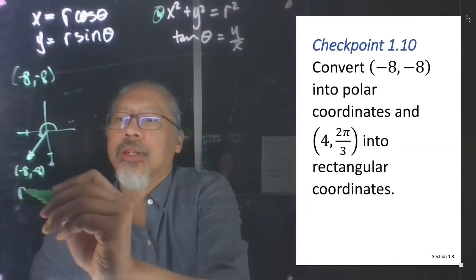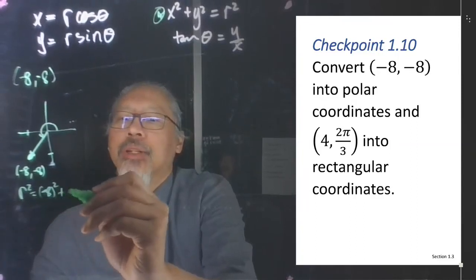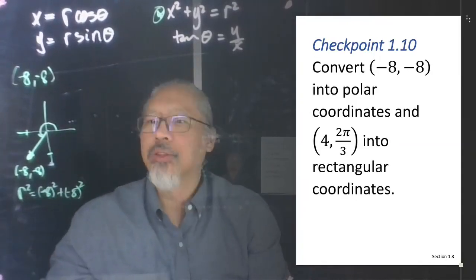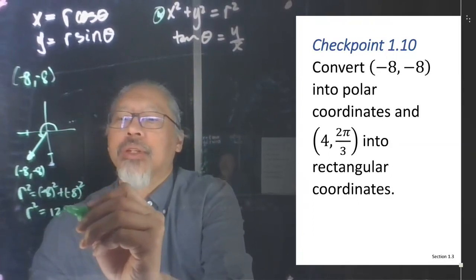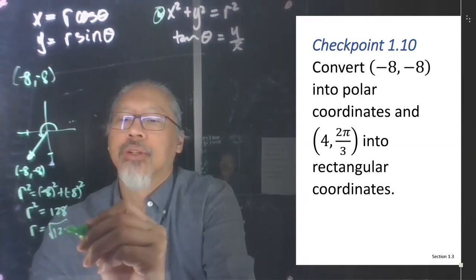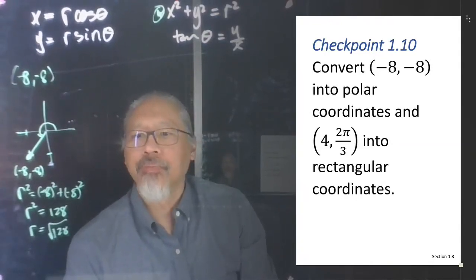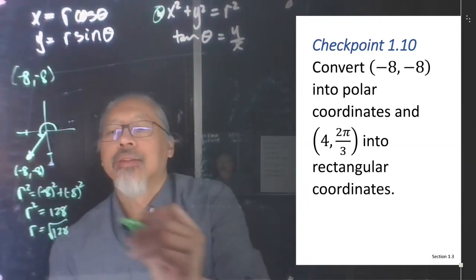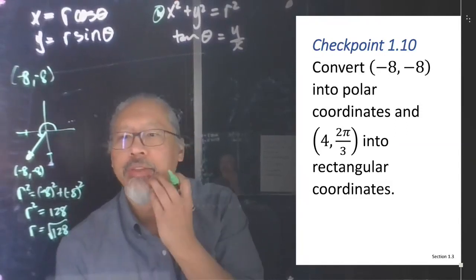So r squared is equal to (-8) squared plus (-8) squared. 8 squared is 64, twice is 128. r squared is equal to 128, so we take the positive square root of 128. I believe this is not a perfect square, but we'll just leave it like that.